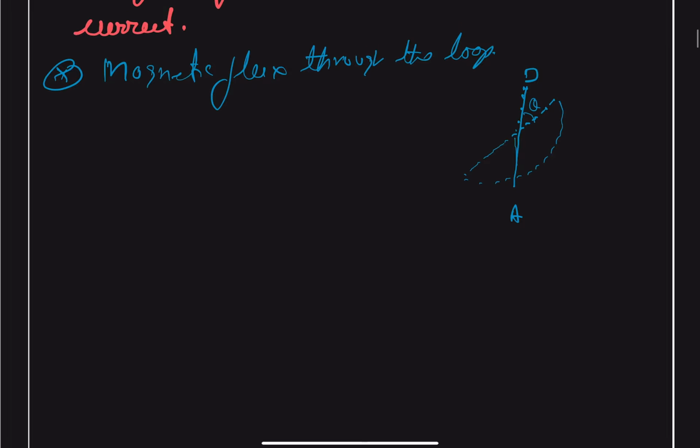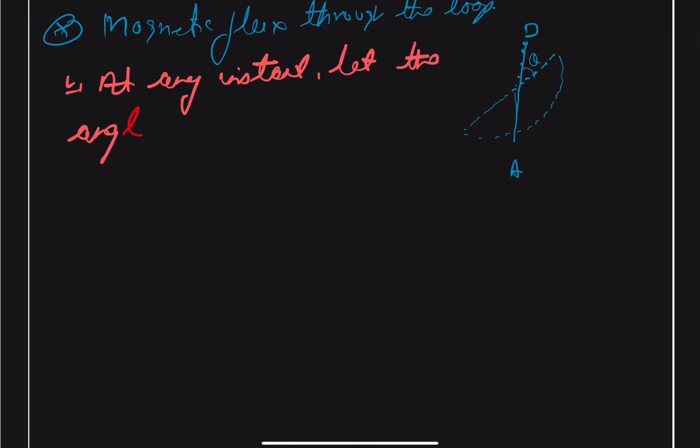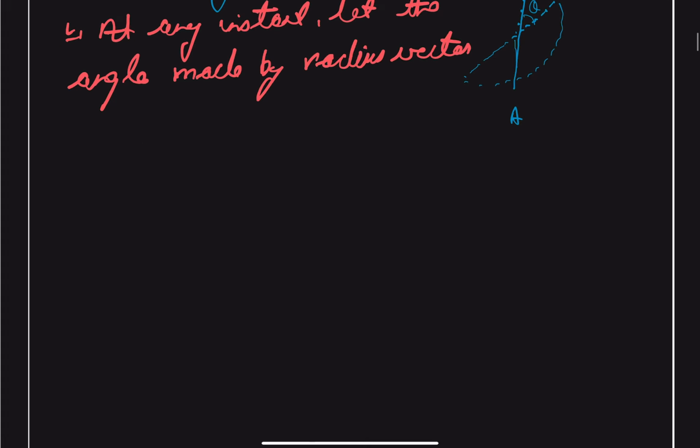Okay. So at any instant, let the angle made by the radius vector with line AD be theta, which can be written as omega multiplied by time t.